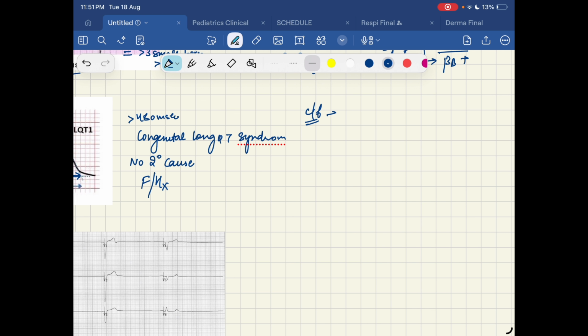Okay, so what are you going to do for this patient? See, if the patient is asymptomatic, he's completely happy, and you just do the ECG and you find out that this is happening in his body, and he becomes a little sad. Why does this happen to me?